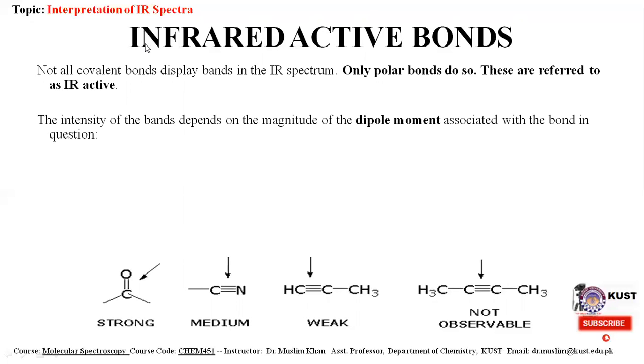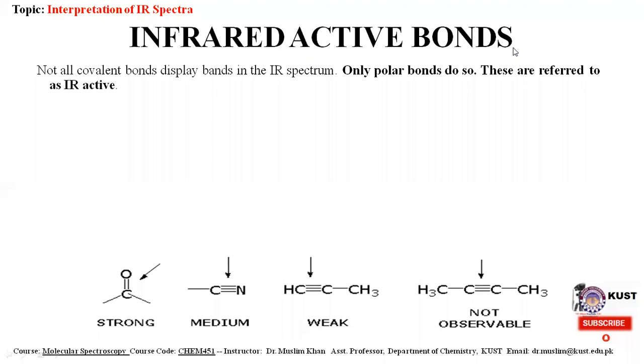So not all covalent bonds display bands in the IR spectrum, only polar bonds do so. These are referred to as IR active compounds.